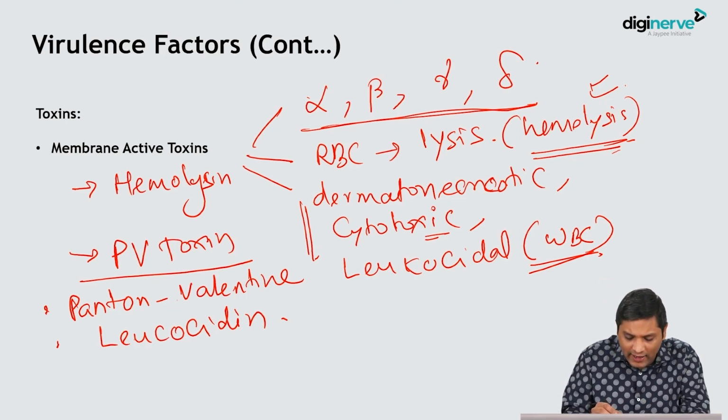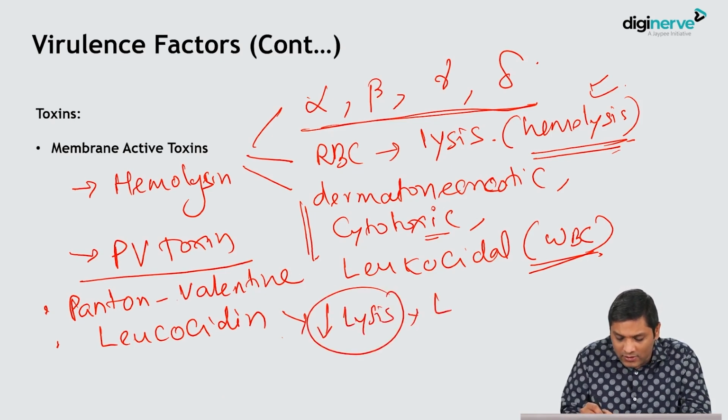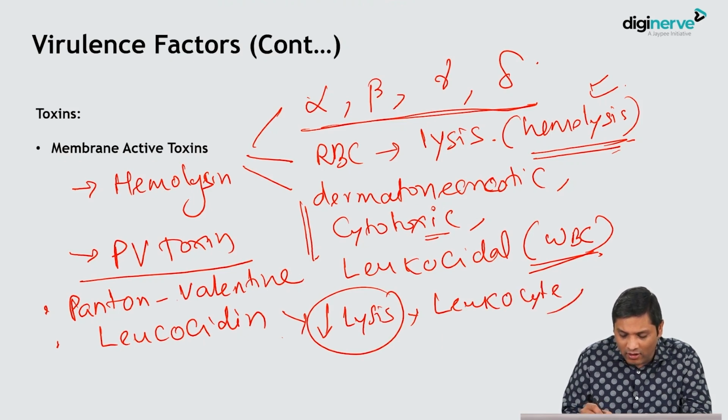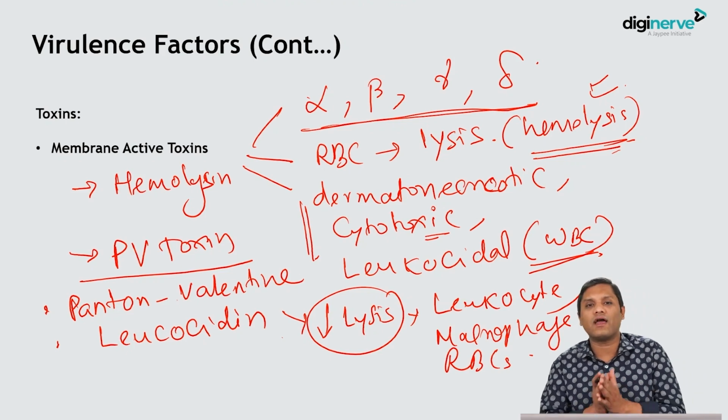So this is also a type of membrane active toxin. It acts on leukocytes and causes lysis of WBCs; it is leukocidal in nature. It can also act on macrophages and RBCs. So these are the various cells the PV toxin can act on.